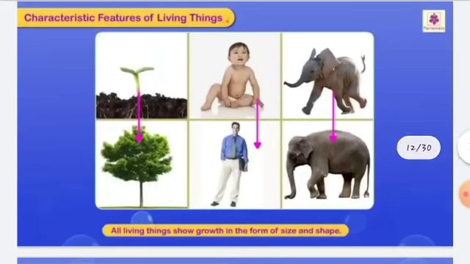Now on your screen, you can see the characteristic features of living things. Here you can see the characteristic feature, that is growth. You can see a seed growing into a tree, a small baby growing into an adult, and a baby elephant getting converted into an adult.